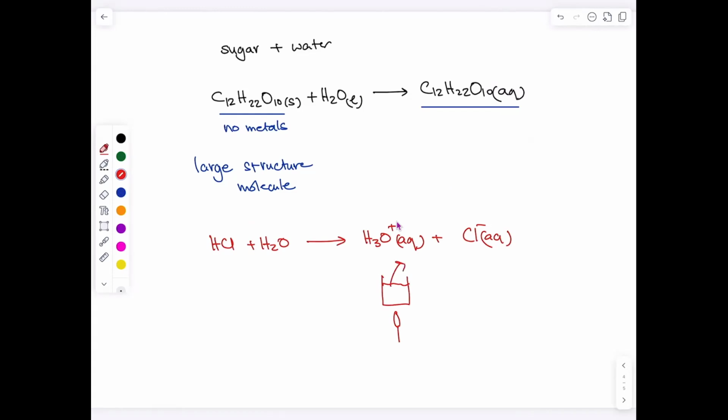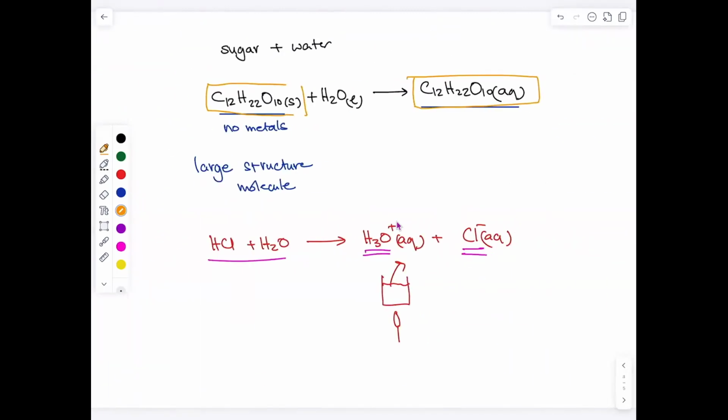Nothing will be left, because these are new substances that formed. In this sugar molecule, we had C12H22O10, and what remained was C12H22O10. So no reaction took place. They're exactly the same. Okay.